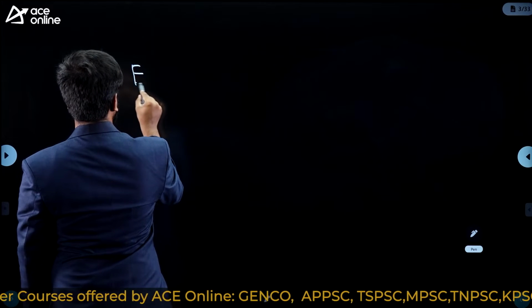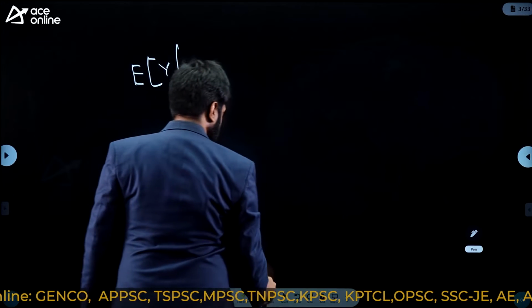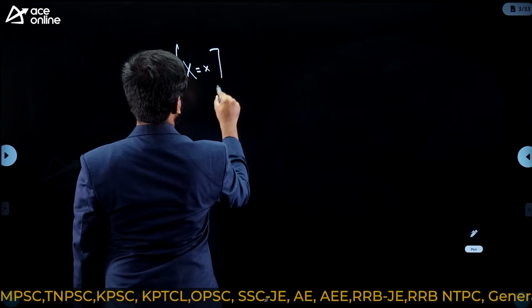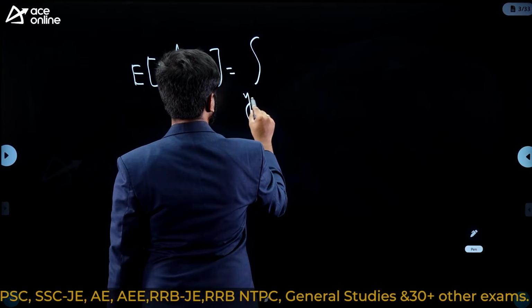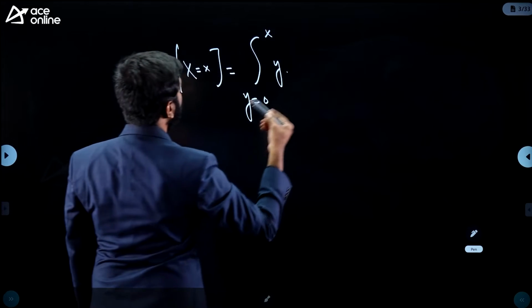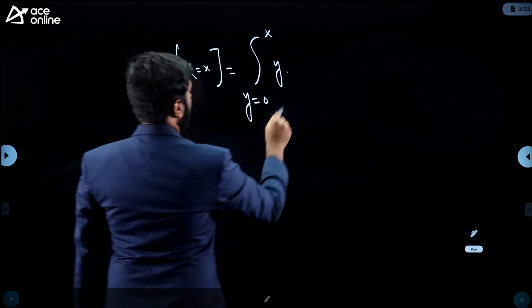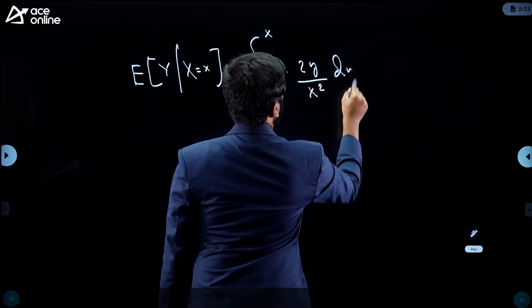The expected value of y for a given x, let's say small x, is the integration done over all the values of y. So y is ranging from 0 to x. It is y into the conditional probability density function of y for a given x, which is 2y by x square, and then dy.